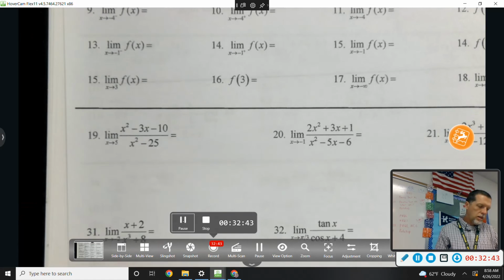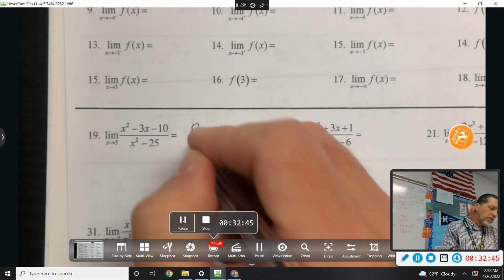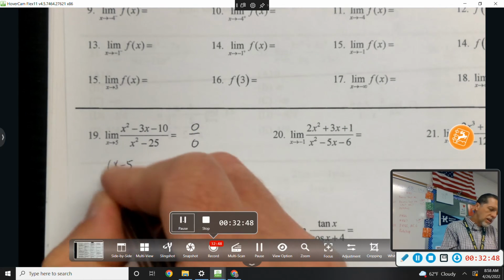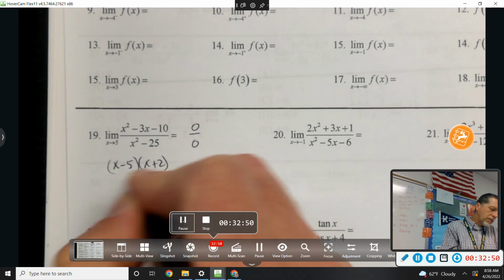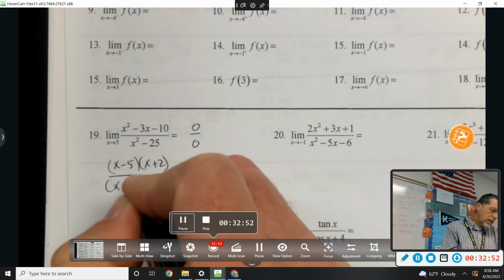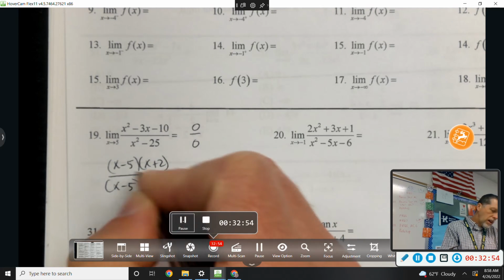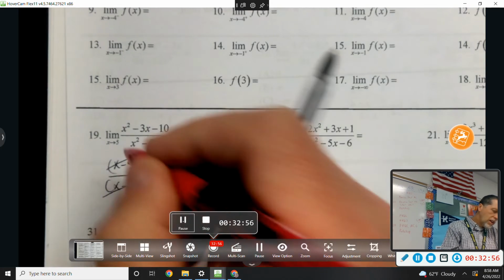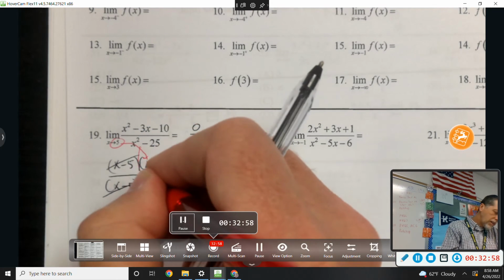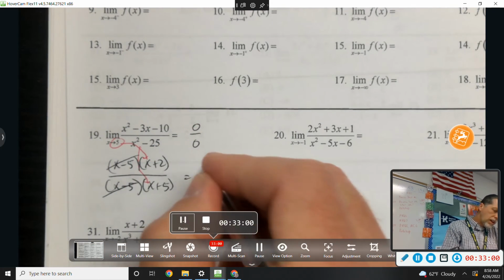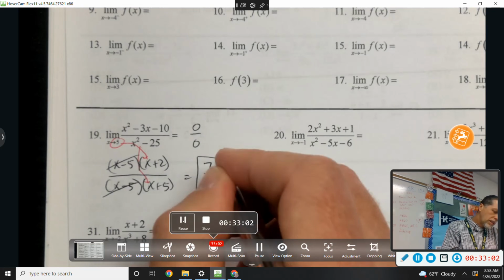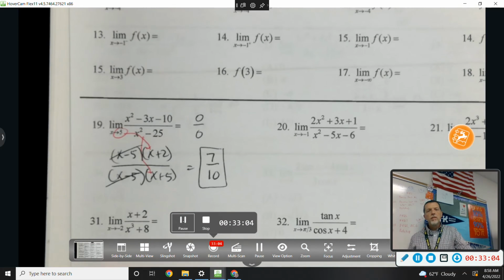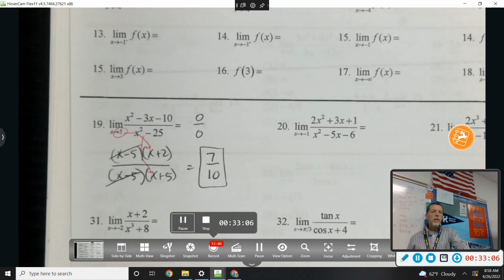Because initially you get 0 over 0. And then if you factor, the x minus 5's cancel. Then you can plug in the 5 and get 7 over 10. That means there's a hole there, but the hole's at 7/10.